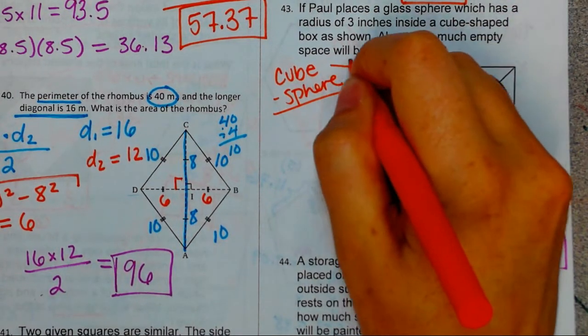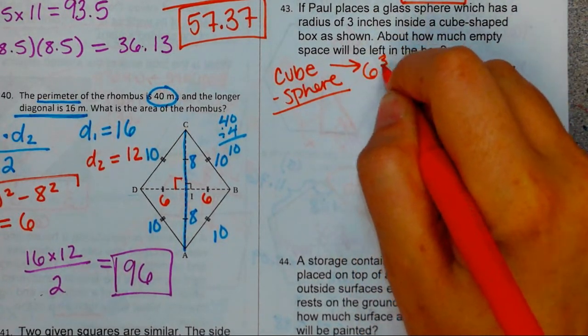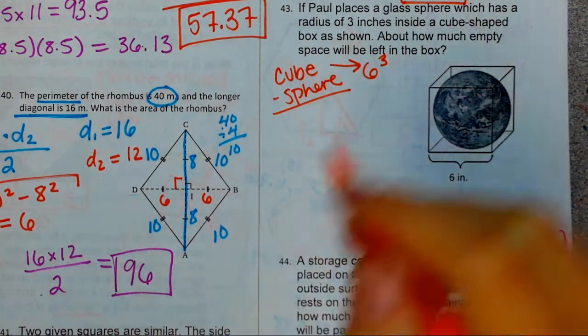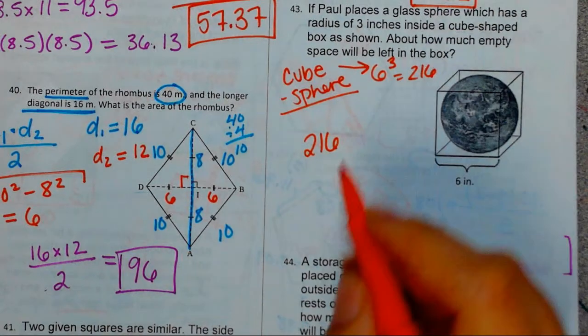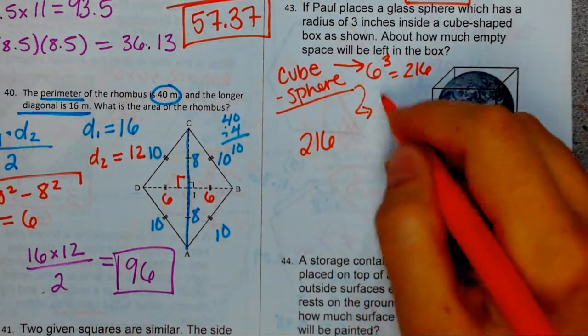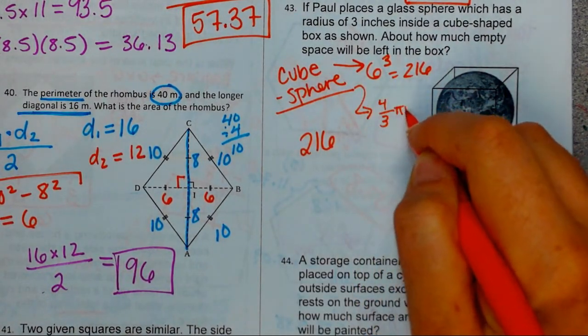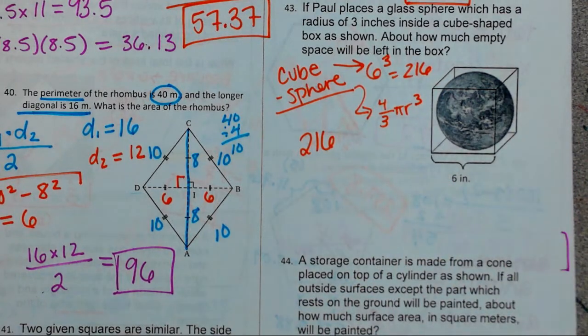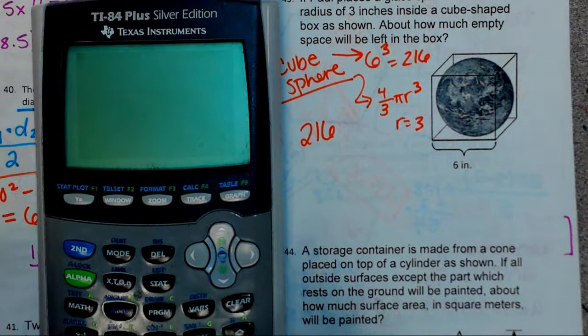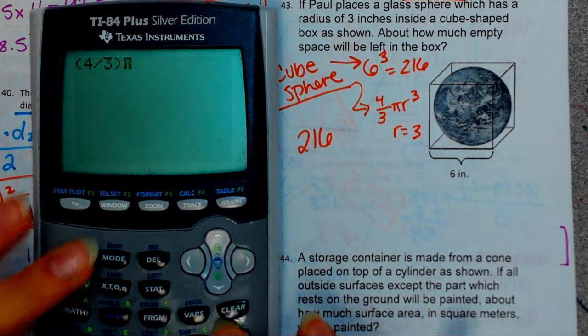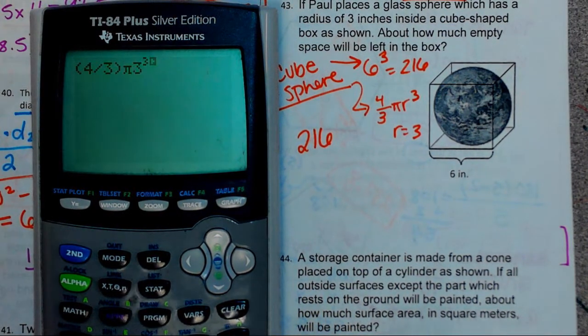So for the cube, 6 times 6 times 6, so 6 to the 3rd power is equal to 216. Okay. For the sphere, formula is 4/3 pi r cubed, and our radius would be 3. So we would have 4/3 pi times 3 to the 3rd.